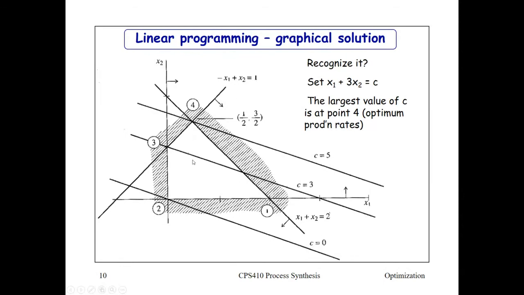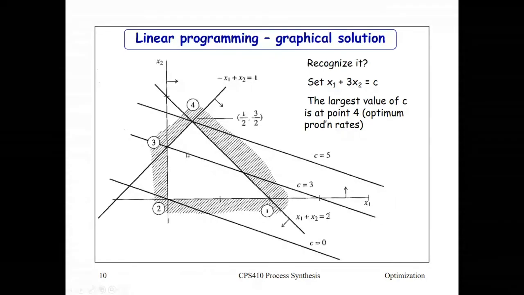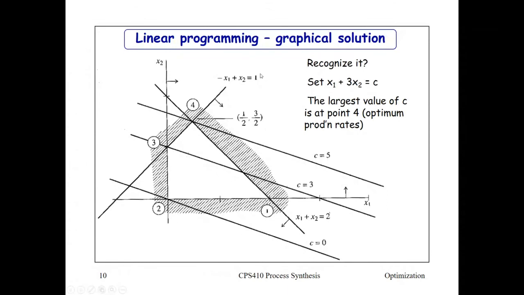So if x1 is small and x2, if x1 is a small value and x2 is a big value, then this will equal a positive value.